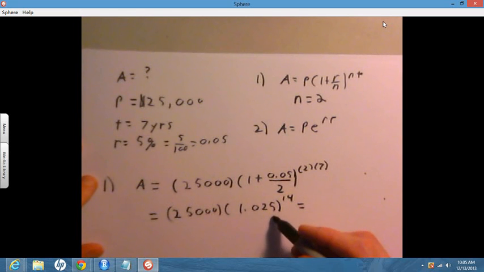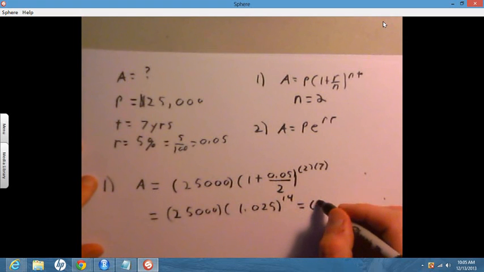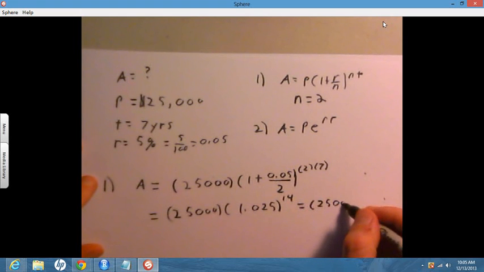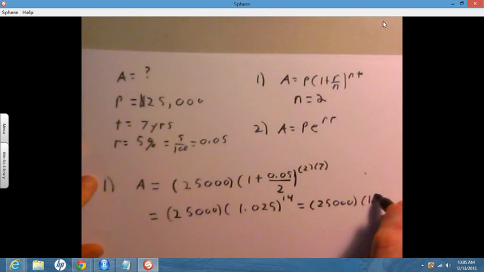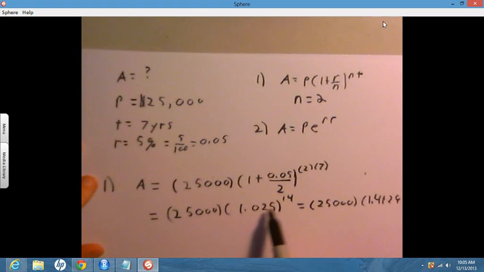So this is going to be 25,000 times 1.41297. Notice I have to raise this number to that exponent before multiplying by 25,000. Okay?